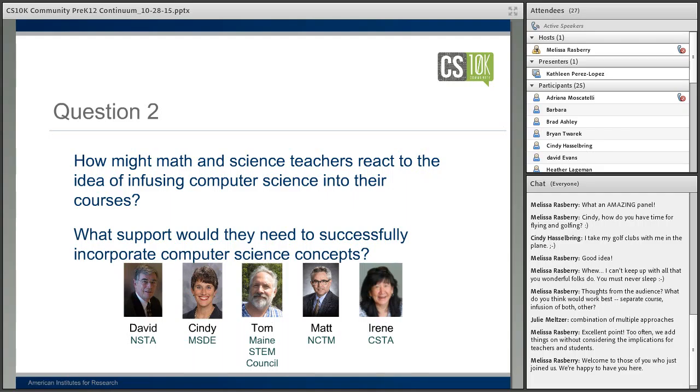Irene's GUTS program and Bootstrap are nice, complete examples, but it would be very helpful if there were some units or really good exemplary instructional examples that show how one goes about Matt's thesis that it needs to be in support of the content area. So what are the key computer science concepts that are necessary to help learn the mathematics or the science or the social studies you're going for? Right now, the support that teachers could use would be some really good examples.